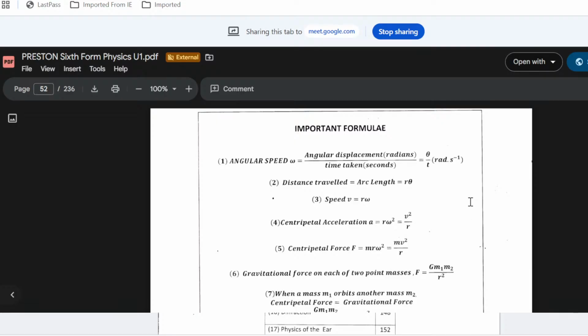The object's velocity must be tangential to its movement at every point.